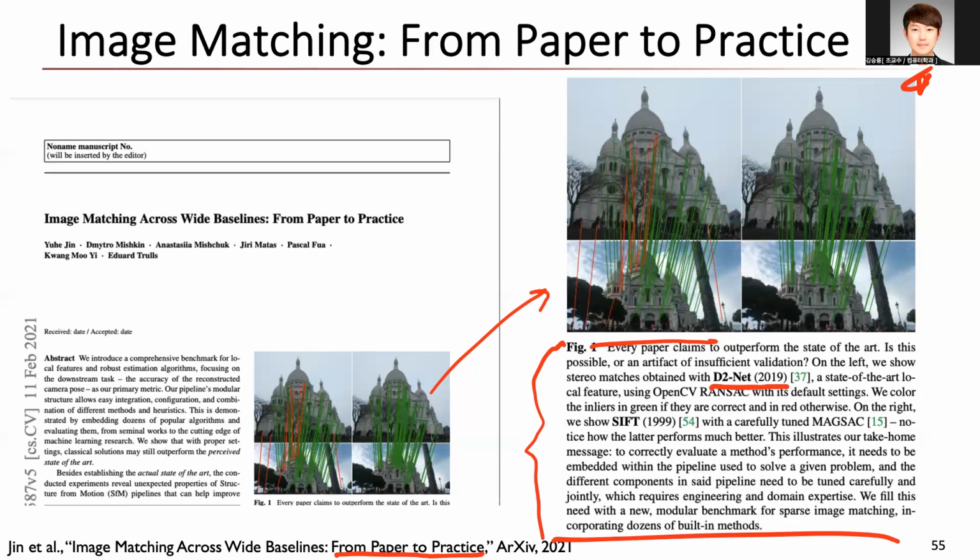And on the right, we show SIFT from 1999 with a carefully tuned MAGSAC. Notice how the latter performed much better. So even though there was a 20-year gap, right? A 20-year gap. So what does it mean?